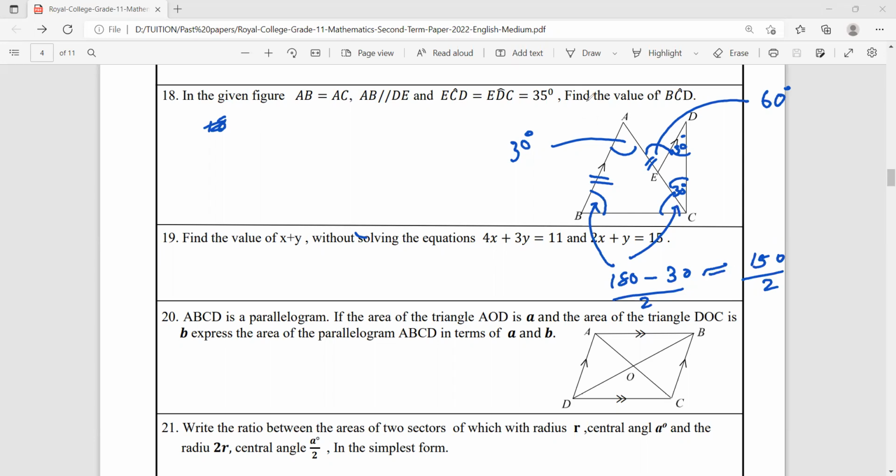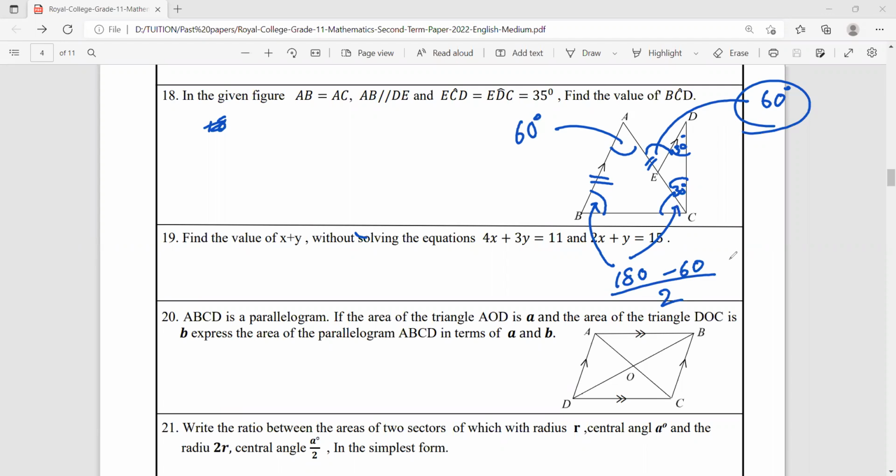Actually, I have to say this is not 30, this is 60 actually, because we get this 60 here, and this is equal to that one, because AB and DE are parallel lines. So these two angles are alternate angles. So this is 60, right? Therefore, these two angles are equal to 180 minus 60 divided by 2, right?